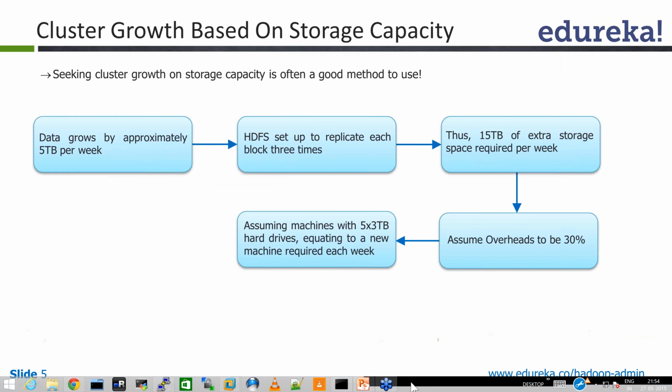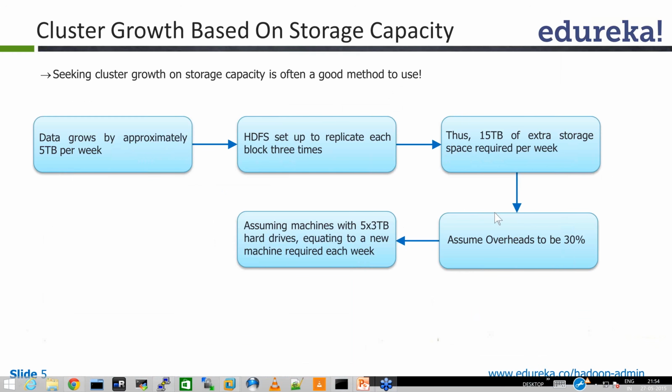So if, let's say, your data is growing by approximately 5 terabytes per week and your replication factor is set to 3 times. Replication is something like your data is being duplicated in 3 different data nodes. So if your replication is set to 3 times, 15 terabytes of extra storage space is required per week.